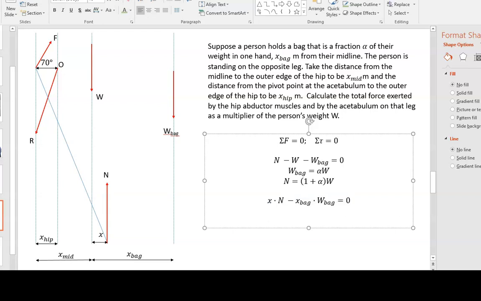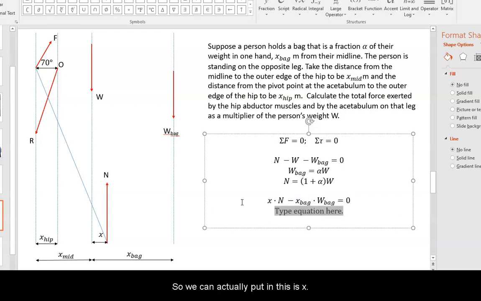So we can put in x onto 1 plus alpha times the weight, minus x bag onto alpha times the weight, and that equals 0.